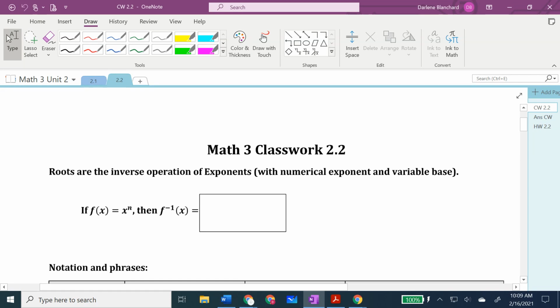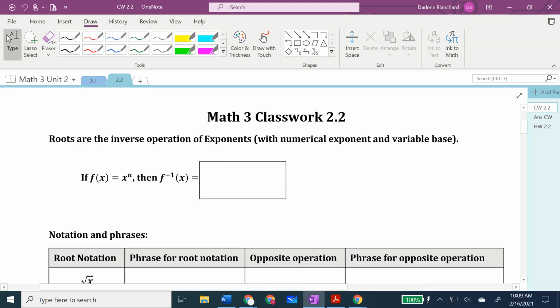All right, classwork 2.2. Now, you need to know that the inverse function of having x to the power of n is an nth root of x.